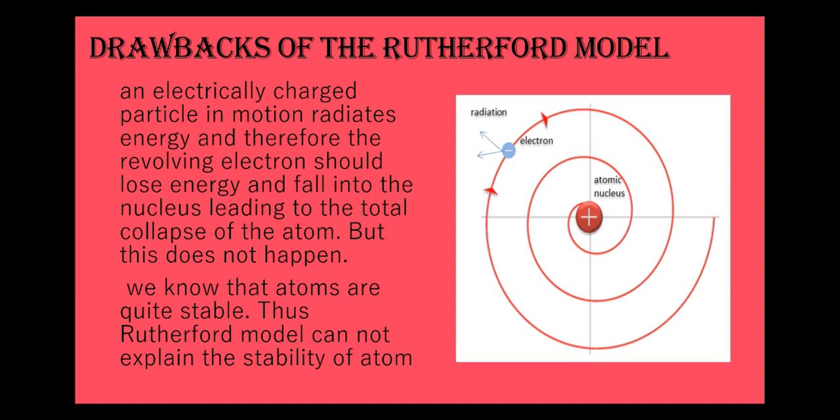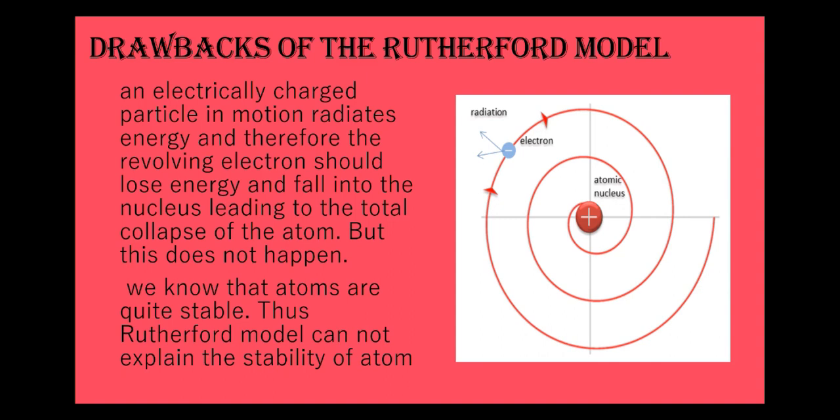Now, in the atomic structure, I have explained that positive charges are at the center, and the electrons revolve around the nucleus in particular orbits. So the question is: if the electron is revolving continuously, obviously it will radiate some amount of energy, and if it radiates energy, then it should drop down. It should not rotate around the nucleus, but it does not drop down, and every electron rotates in its orbit continuously without any loss of energy.